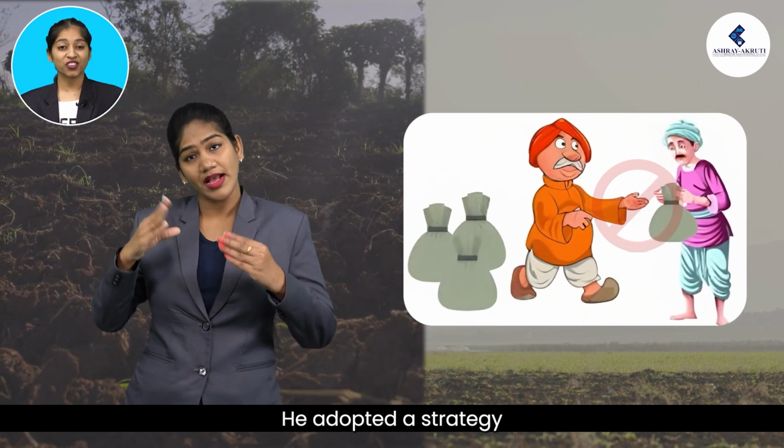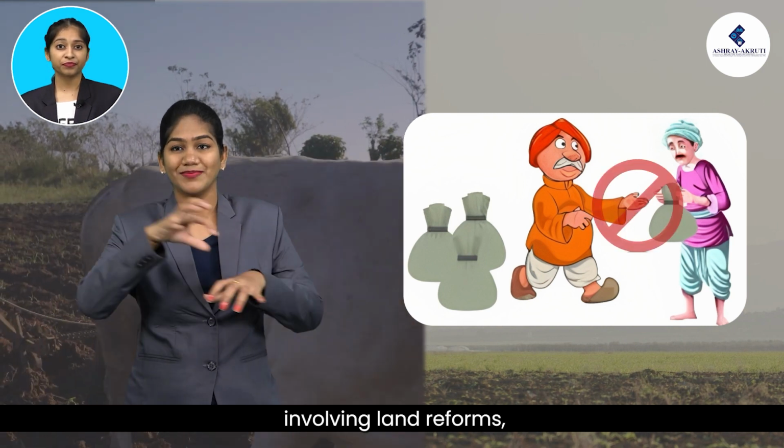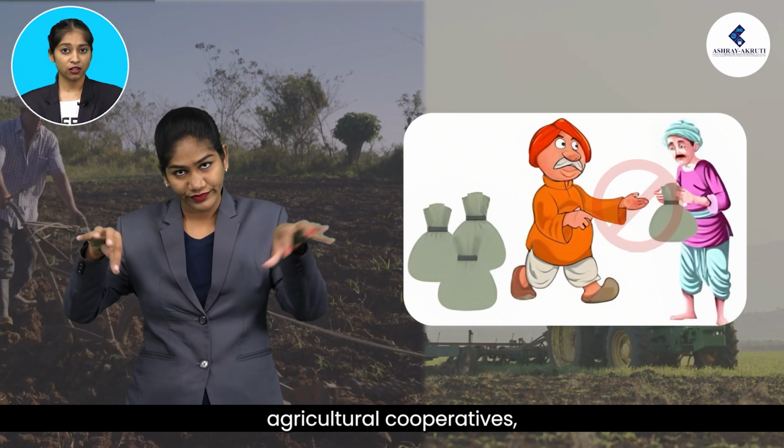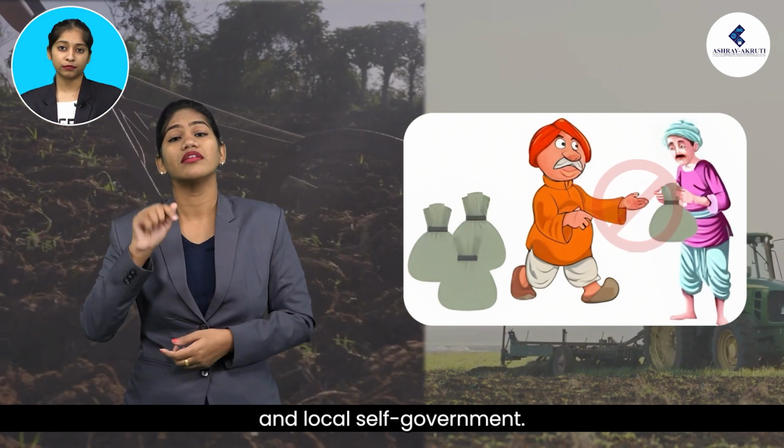He adopted a strategy involving land reforms, agricultural cooperatives and local self-government.